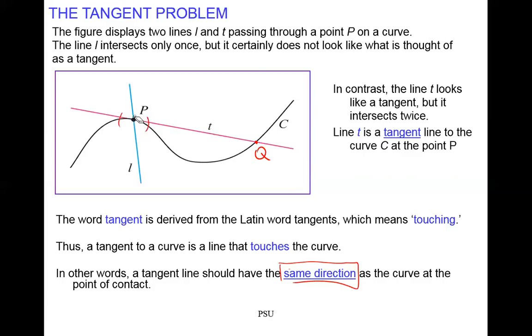If I zoom in extremely close to point P, we don't even see the difference between the tangent line and the curve. They are almost the same, with the same slope and the same direction, and then we can call the line a tangent line. I believe we understand the definition of the tangent line.